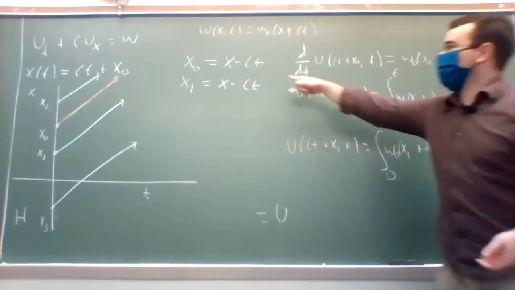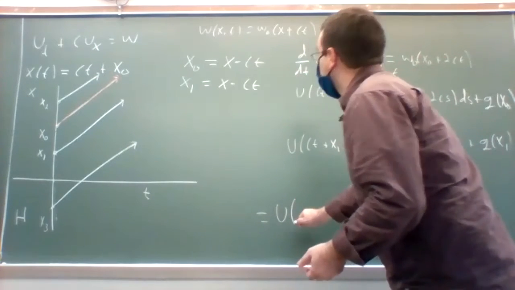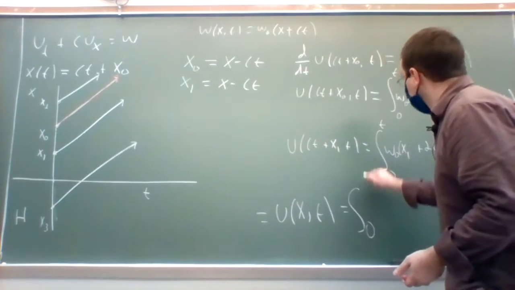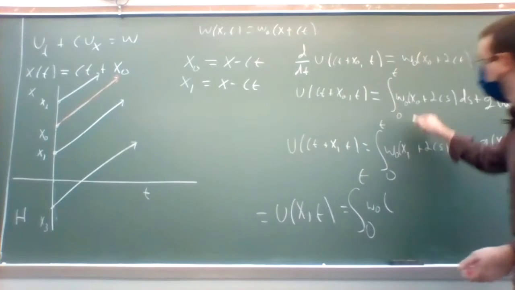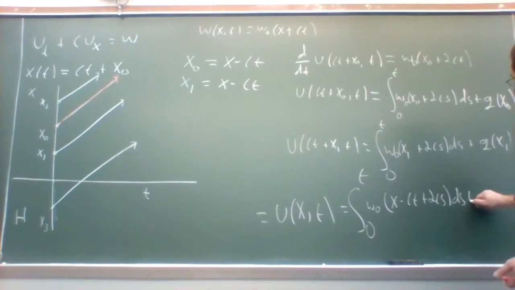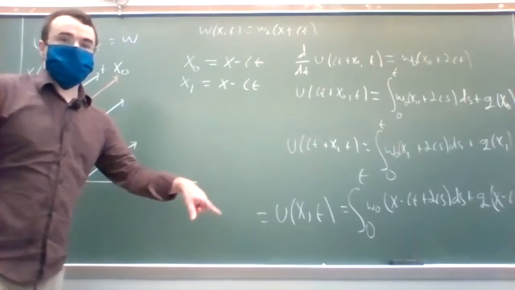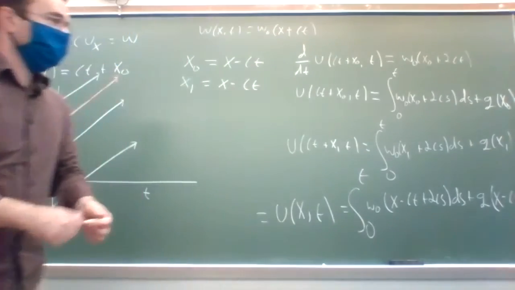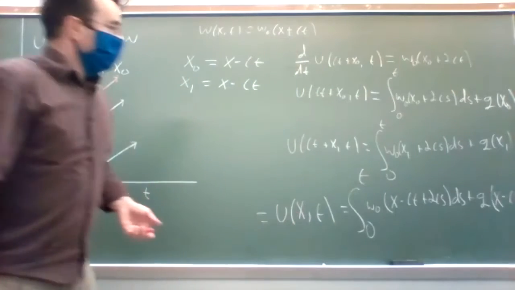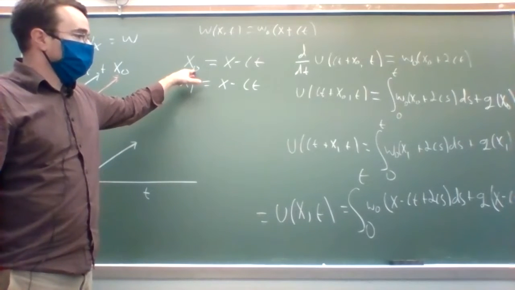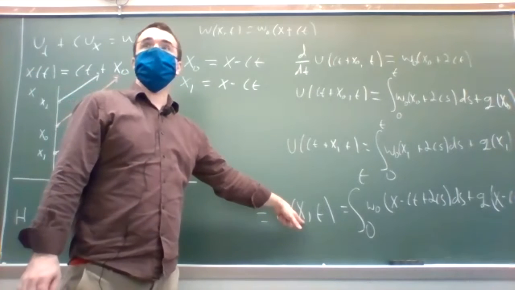So let's plug in x naught with this. You'll get x, t. x naught becomes... so when you just plug in x minus ct in terms of x naught, me as a student, I'm thinking, well, wait a minute, this still depends on t.